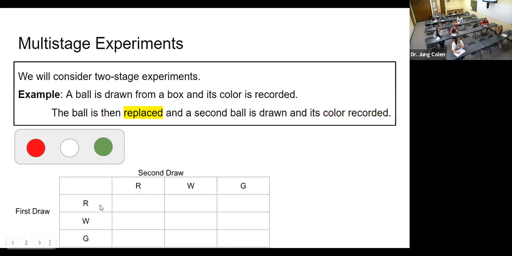This one will show first draw red and second draw red, so you can put red, red. How about this one? First is red, second is white, so red, white. This one shows first red and second green, and so on and so on. So can you fill up this table in your notebook?